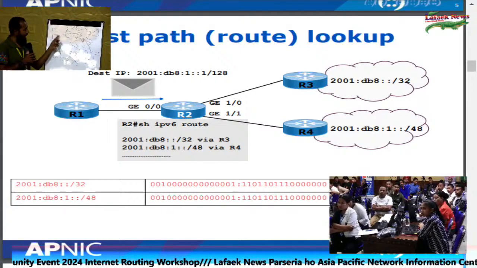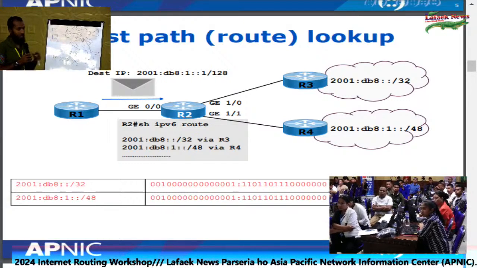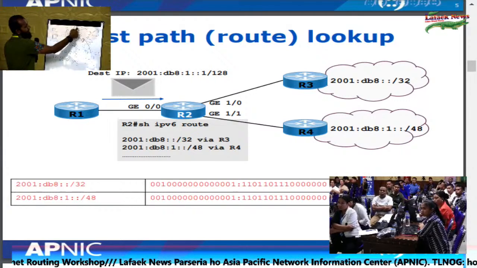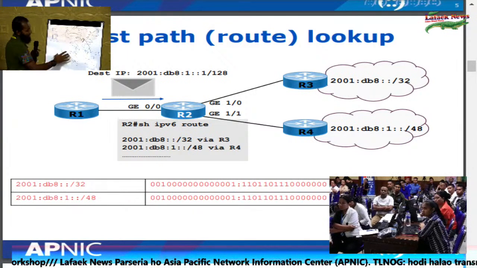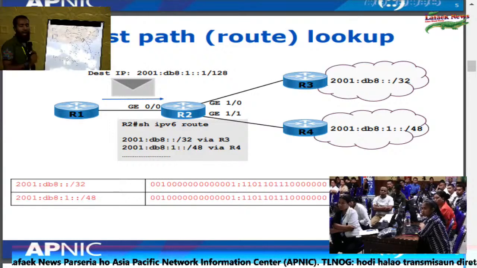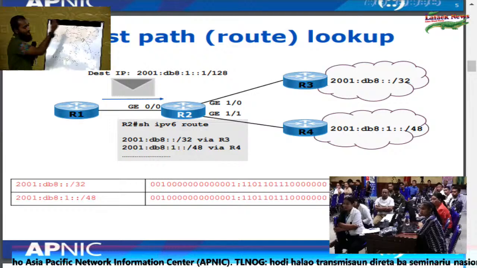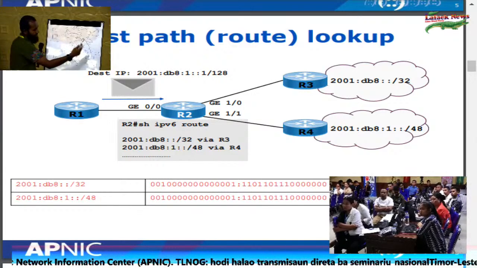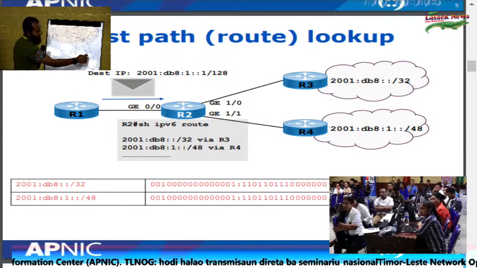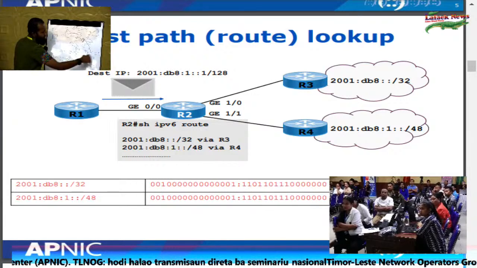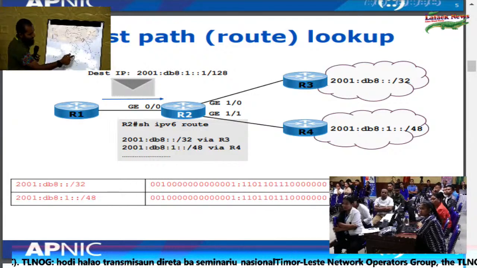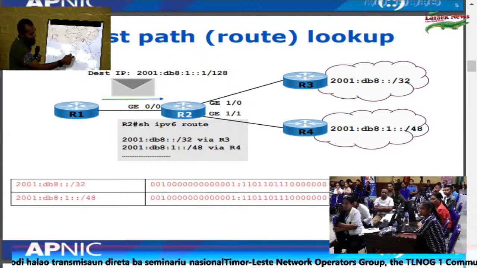So if my router knows both of these routes, and this one is via the upper neighbor, this one is via the middle neighbor, it will now try to find which one is my best path. Is it my upper neighbor or the middle neighbor? It's the middle neighbor, because it is going to find this destination matching this IP, but it will look at this number.